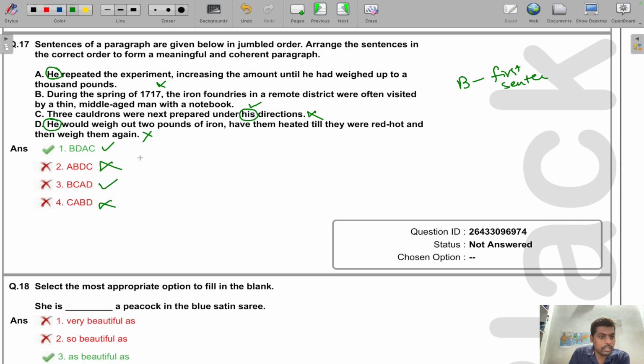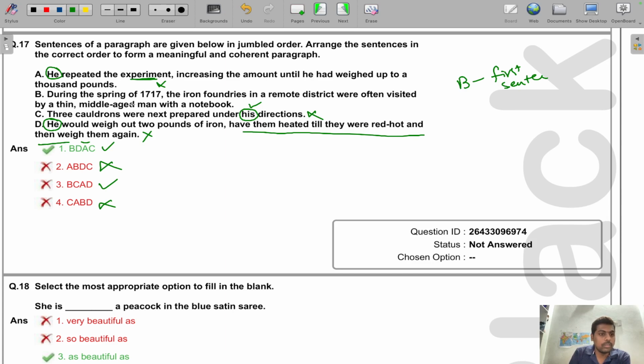Now there is a possibility of two options. Try to understand the statements. B is the first sentence, we know. Now "he would weigh out 2 pounds of iron, having them heated till they were red hot, and weigh them again. He repeated the experiment, increasing the amount." Guys, what experiment did he do? Here they mentioned the experiment: he heated them red hot and weighed them again.